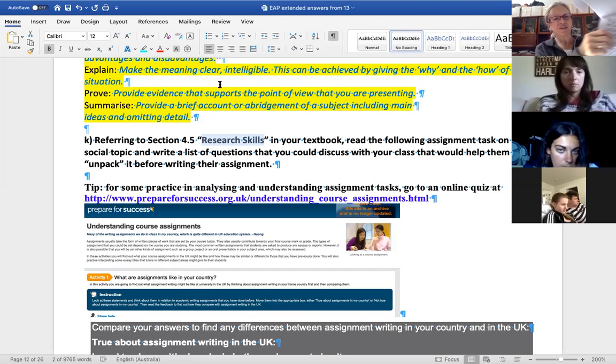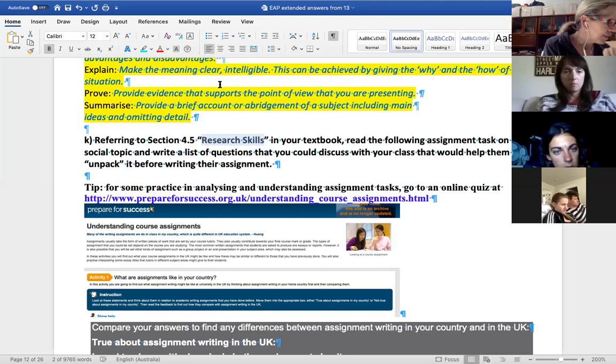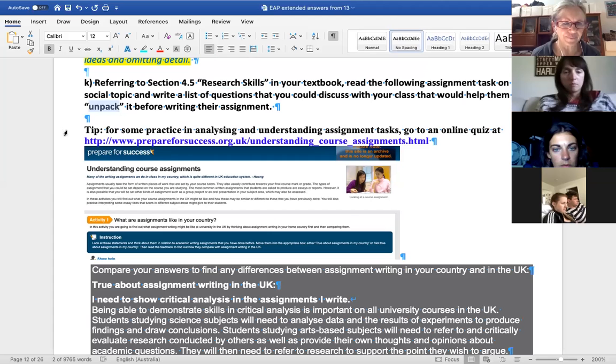So 4.5, it's that in the book about research skills. Read the following assignment task on a social topic and write a list of questions that you could discuss with your class that would help them to unpack, which means understand, before writing their assignment.